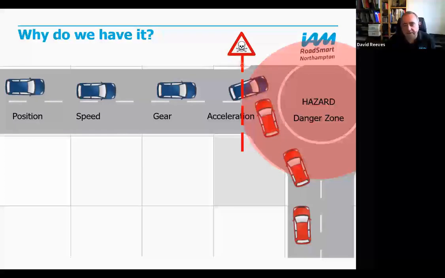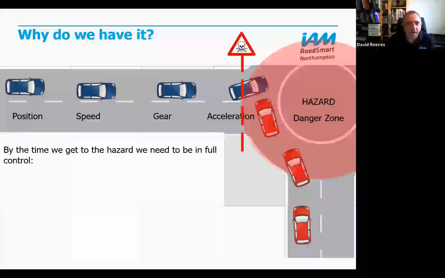Once we get past this dotted line, this zone boundary, we're in the mire, we're in the minefield. So by the time we get there, I want us to have full control of the car, and be able to take whatever action is necessary within there and not be concerned with other controls.